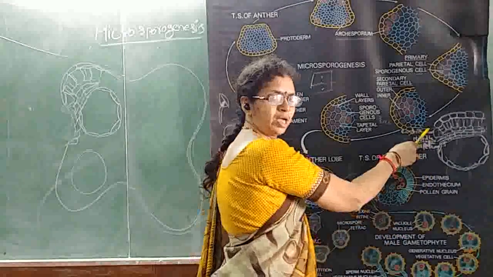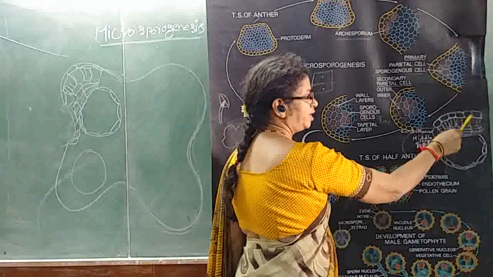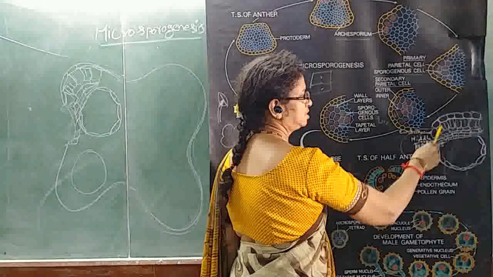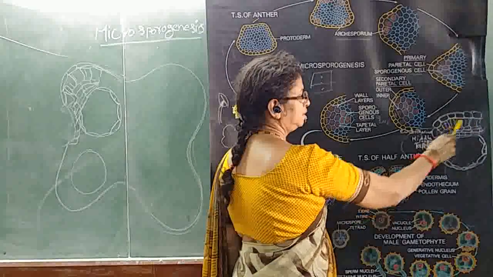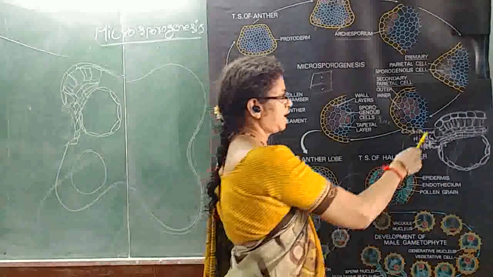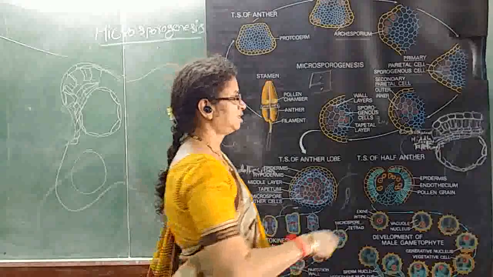This endothecium layer consists of radially elongated cells and consists of fibrous thickenings radially and tangentially. This endothecium cell layer helps in anther dehiscence, which is hygroscopic in nature.